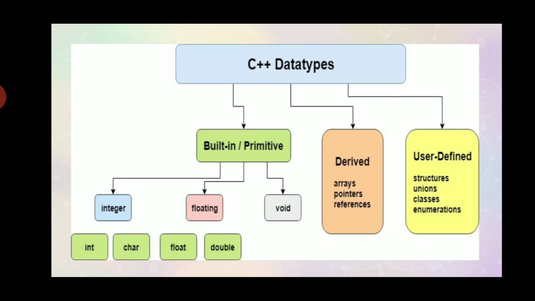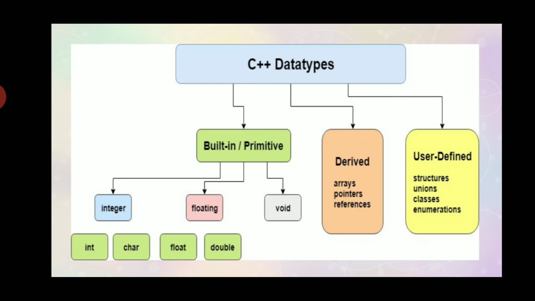Void is not used with variables. Void is used only with the main function. Like in the third line you can see int main; you can use void main there also, and void is only used there.